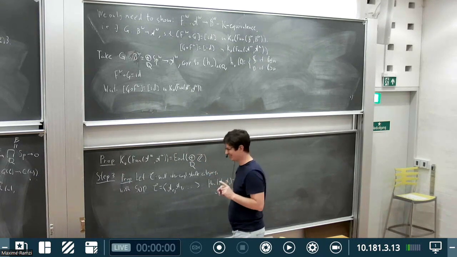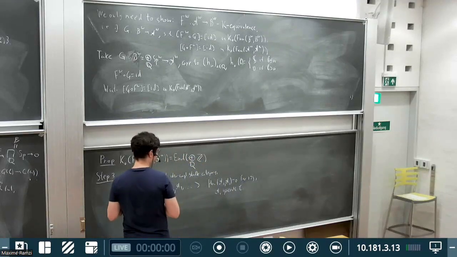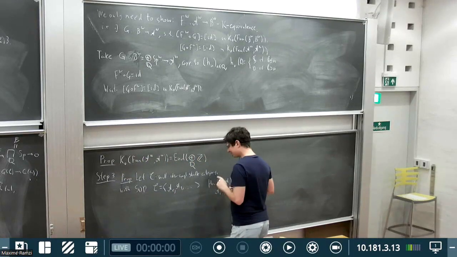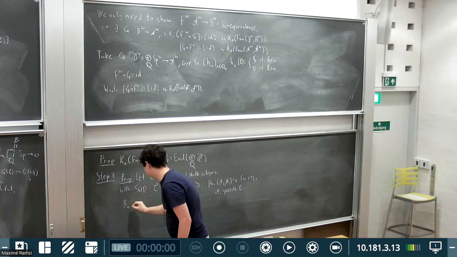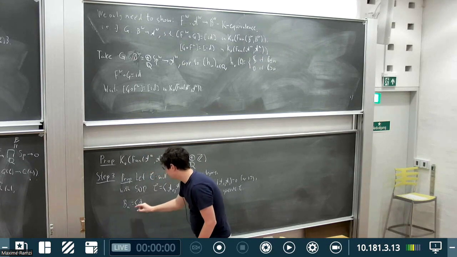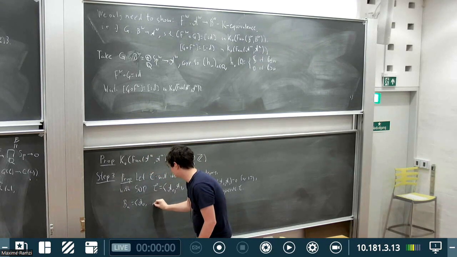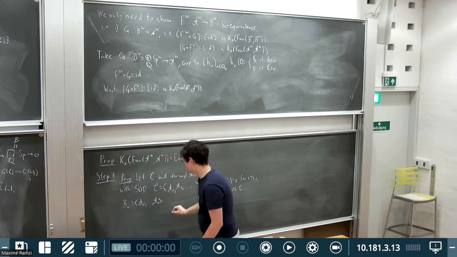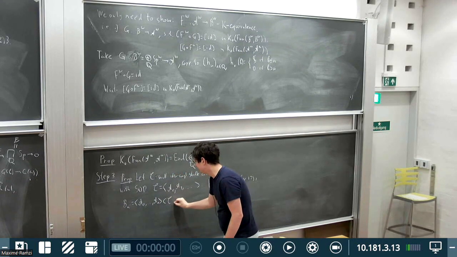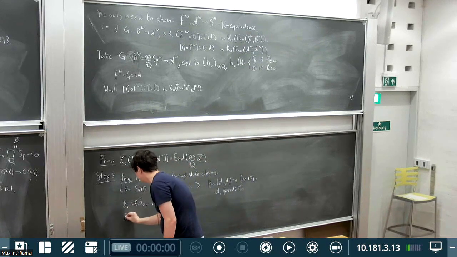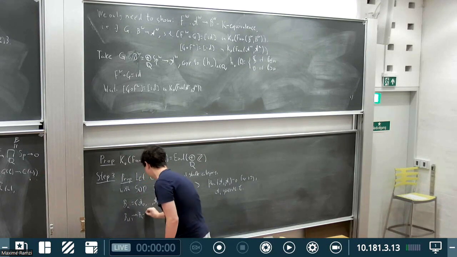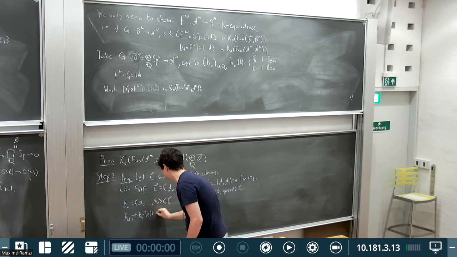So now let's consider these subcategories. Bn is generated by A0, and so on, up to An. So this is the subcategory of C, and we have this functor from Bn+1 to Bn, which is left adjoint to the inclusion.